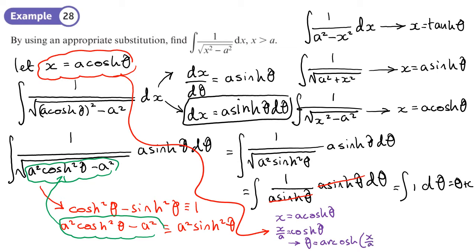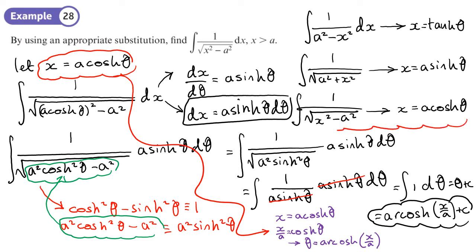So that's what we're going to replace our theta with. So this mammoth question, we've now got a final answer of arc cosh x over a plus c. So there's our final answer. These little substitutions at the top are very, very useful.